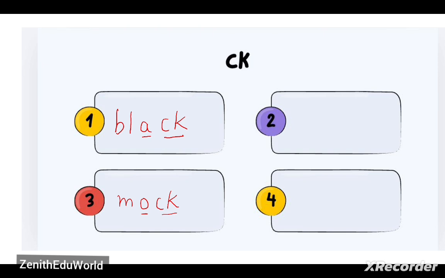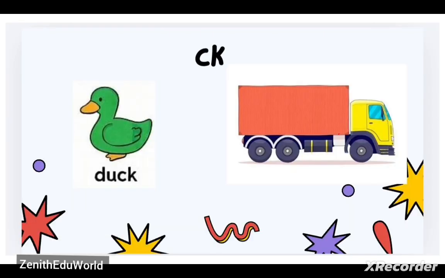In the same way, sh-o-k, shock. Here also o makes a short vowel sound and so we write ck at the end. And these are examples like d-u-k, duck. Then tr-u-k, truck.